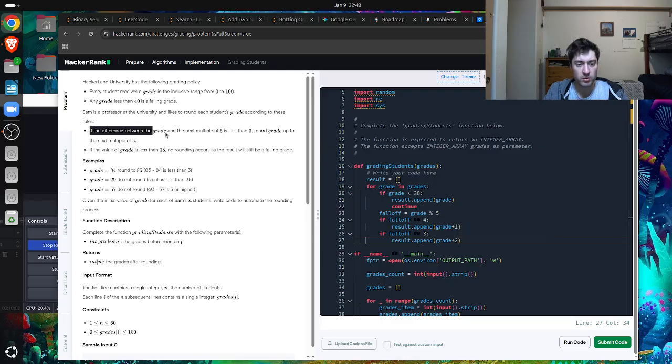So we're not thinking about the modulo, we're thinking about the difference between this, but that would be the modulo, right?